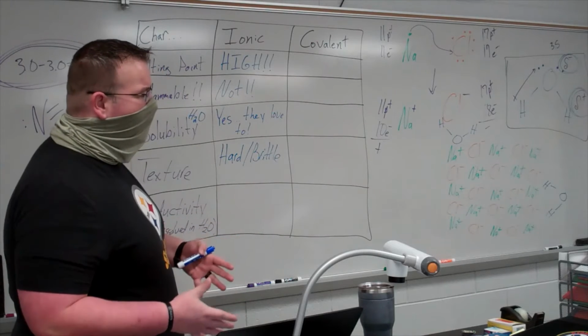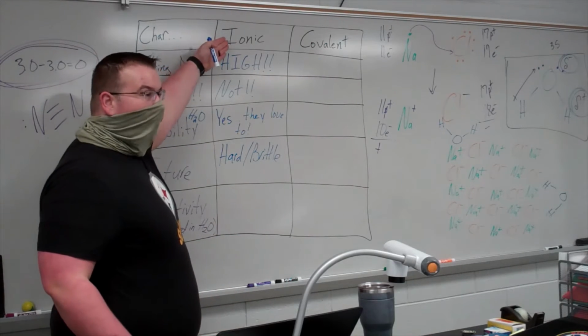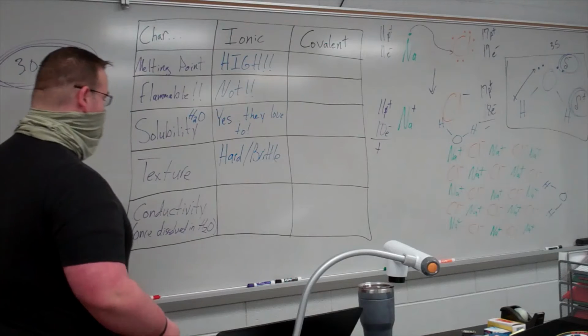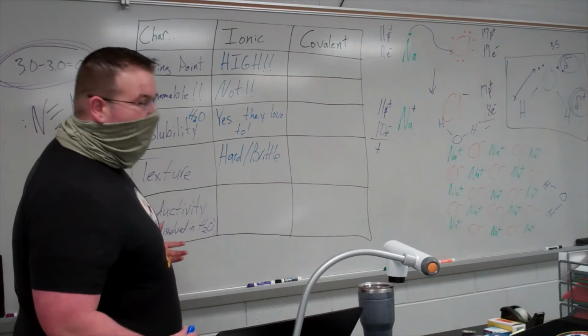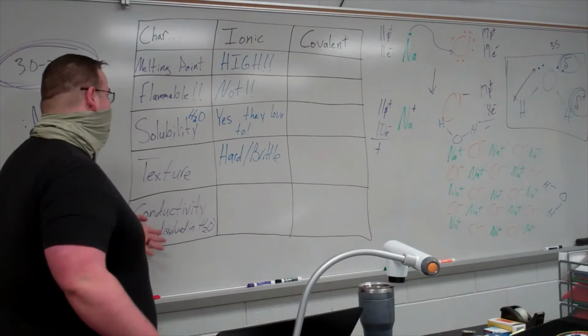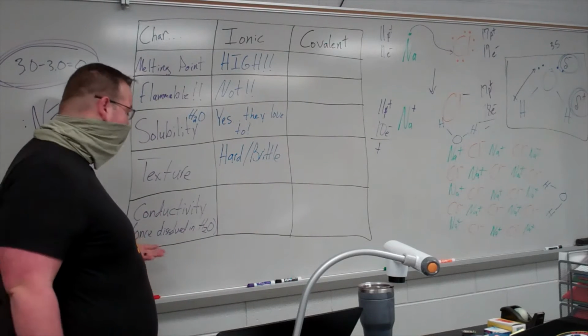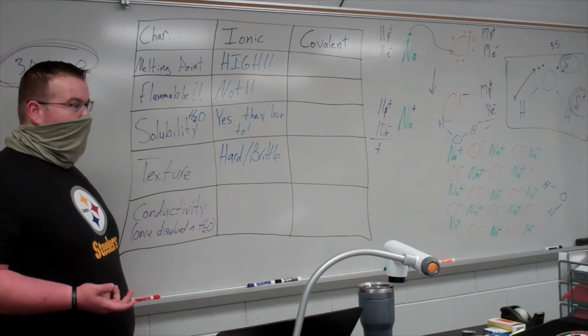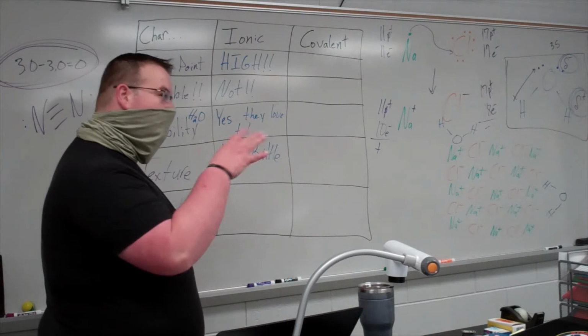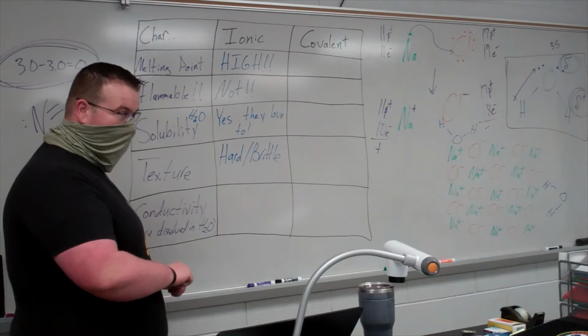And where do we get ions from? Ionic bonds. So in this, ionic bonds love to conduct electricity. Now they have to be dissolved in water. That's how we test it. That's why I added "once dissolved in water." H2O is water, by the way, if you didn't know that. Just throwing that little tidbit of information out there.